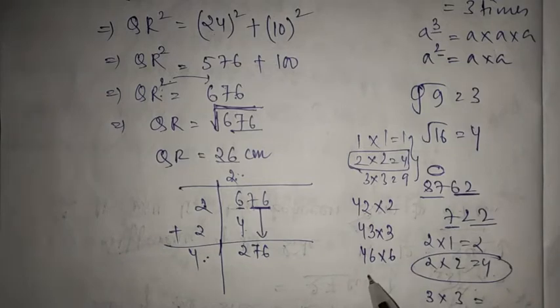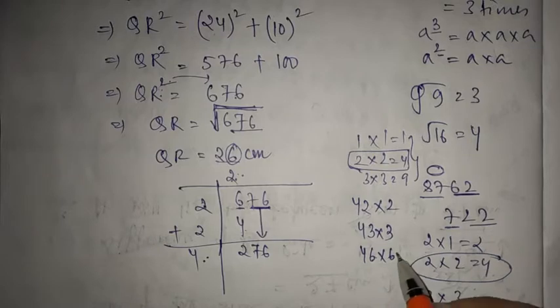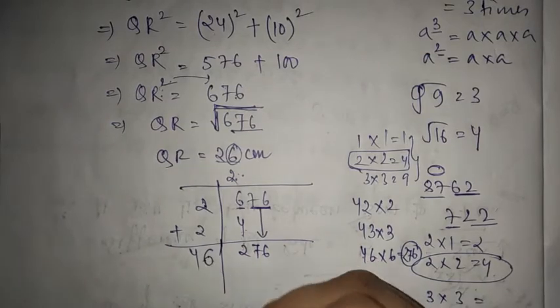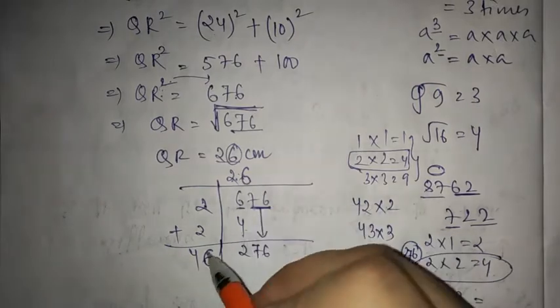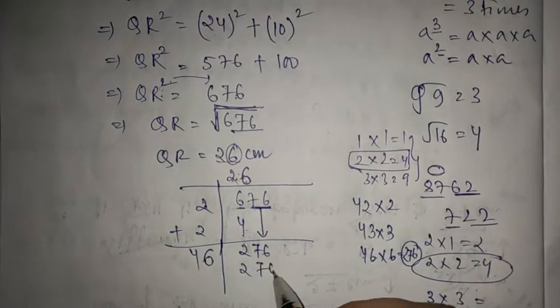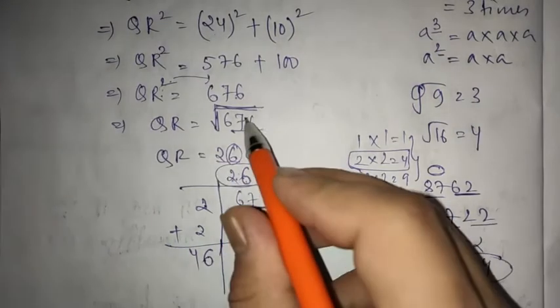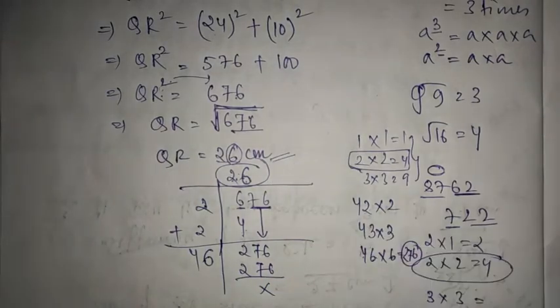I have already got the answer, that is 26. So let us find: 6 6s are 36, 6 4s are 24, 25, 26, 27. So I got 276. When you put 6 here, you also multiply with 6. That is 46 into 6, 276. So you got the square root of 676, that is 26.